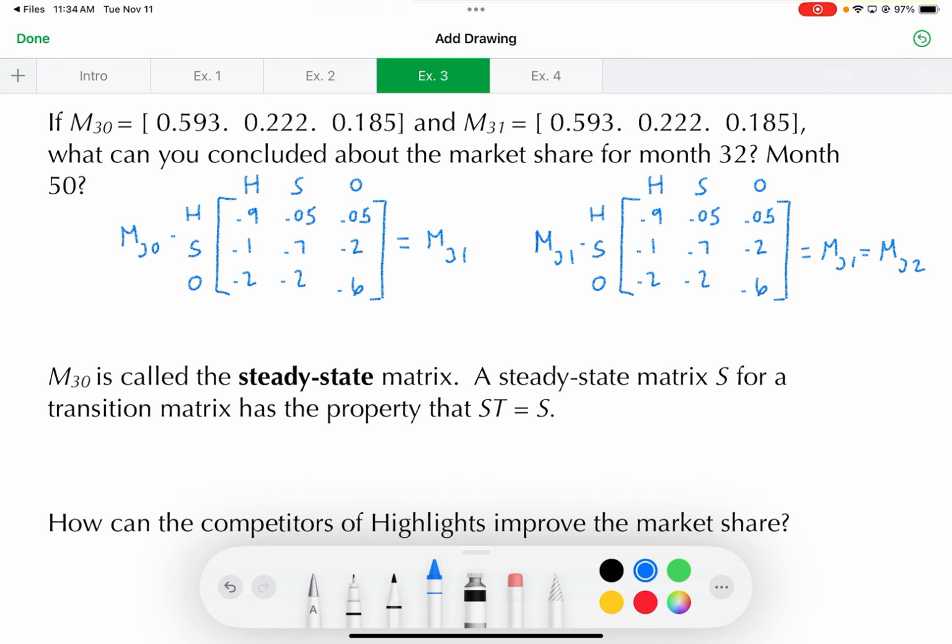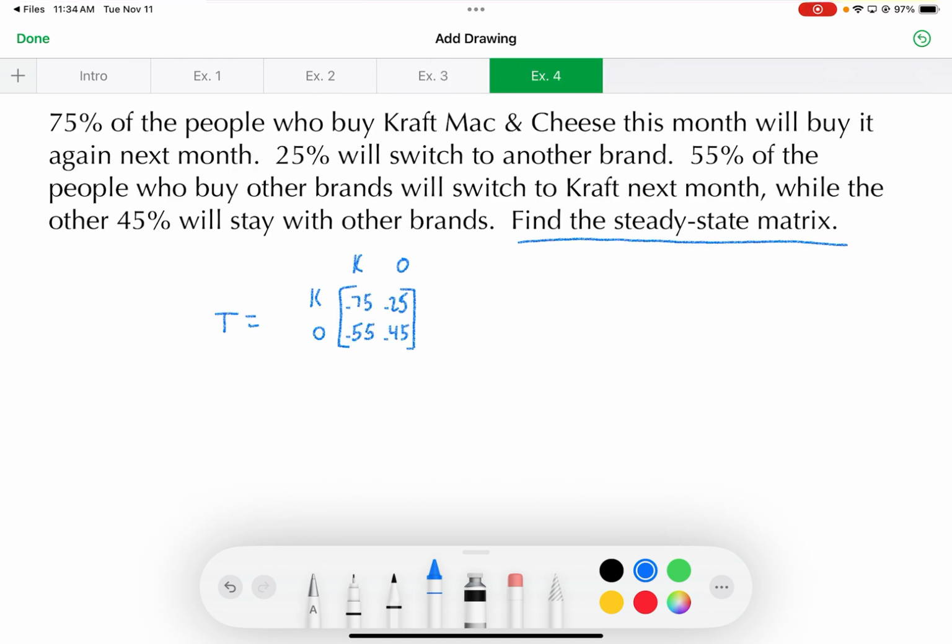Notice if we go back here, our transition matrix was a 3 by 3, and our matrices for M were all 1 by 3 matrices, right? So now we need a 1 by 2 for the steady state. So we have that property that S times T is supposed to equal S, right?